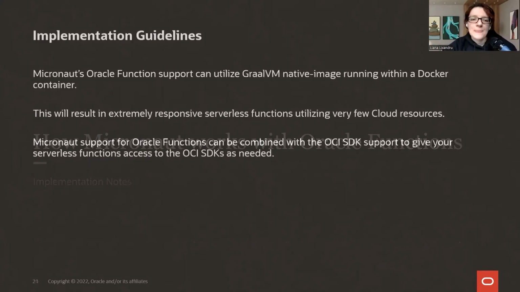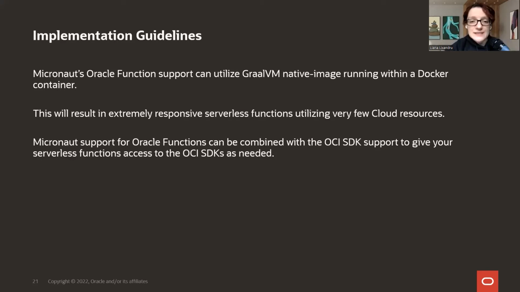Thank you. Next, let's look at how Micronaut works with Oracle Functions. It's got support within it that can utilize GraalVM native image, which can result in extremely responsive serverless functions using very few cloud resources. It can be combined, of course, with our SDK for Oracle Cloud Infrastructure to give your serverless functions access to all the infrastructure products and applications you need.